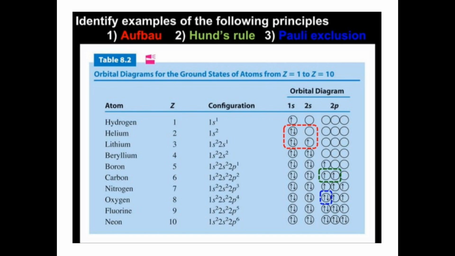You now go back to the first one of the 2p to fill the second one, and when you are filling, if one is going up, the other must come down, based on Pauli's exclusion principle, that they must not have the same direction. One must go up and the other must go down. So this diagram explains the three principles in detail.